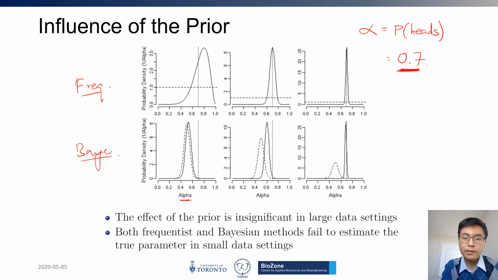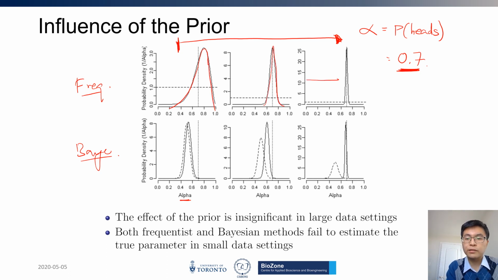All right, so for both approaches, we're increasing the number of data points as we move to the right. So the two graphs on the left, this is where you have very little data, and the two graphs on the right we have a lot of data, a lot of independent coin flips. So in the frequentist case, you can clearly see the estimation of the probability eventually converges to 0.7.